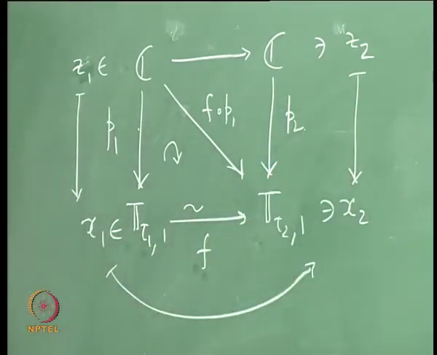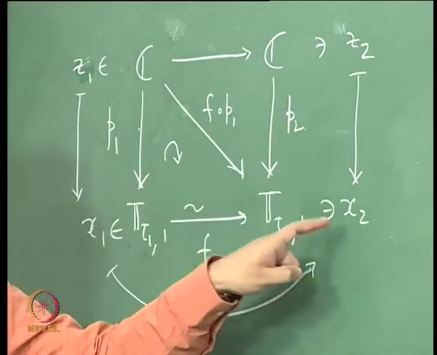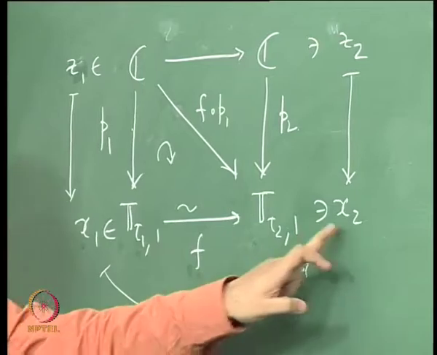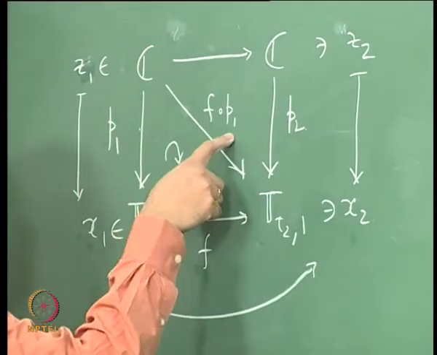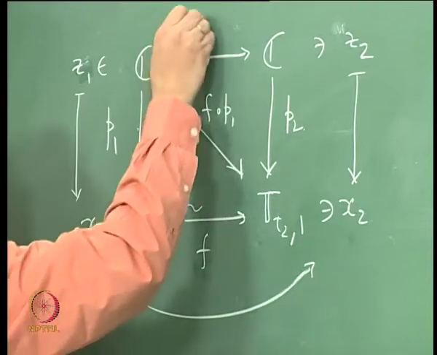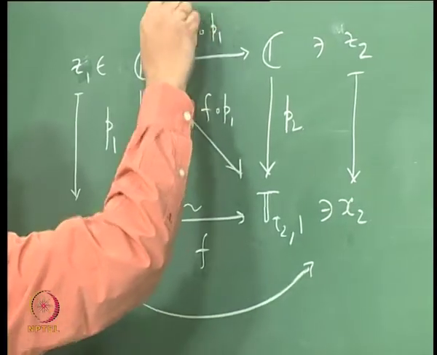So P1 takes z1 to x1, P2 takes z2 to x2, F takes x1 to x2. And I can lift this F circle P1 to a map F circle P1 tilde.